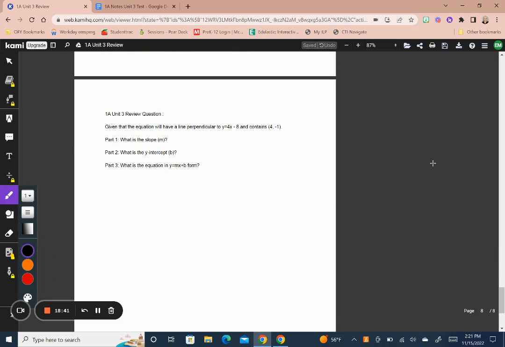Perpendicular. Ooh, this one gets a lot of people scared, right? Perpendicular. So your m is a negative reciprocal. So you have to turn this into a fraction.